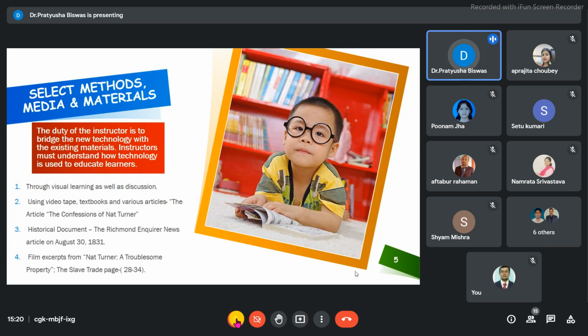Lots of simulation techniques, lots of scaffolding, lots of visual aid techniques can be incorporated in these kinds of models. So, through visual learning as well as discussion, using videotapes, textbooks, and various articles. One article that I referred to, I have mentioned, is Confessions of Nat Turner.